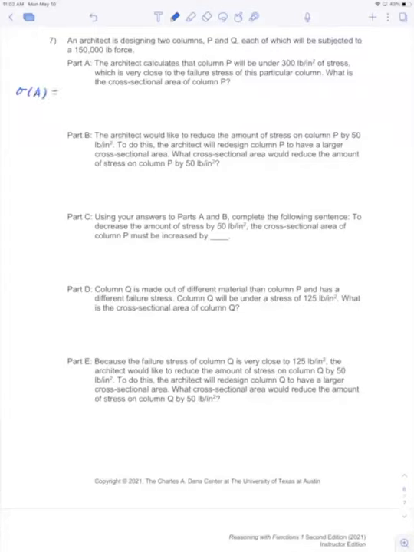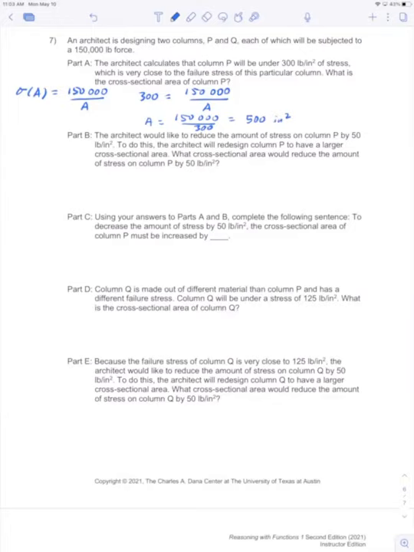Sigma of A is equal to 150,000 over A. All right, so again, the sigma of A I'm replacing with 300, and then the rest of this would be the same for now, and that's over A. And then solving this for A, we get 150,000 over 300, and this is equal to 500 square inches.